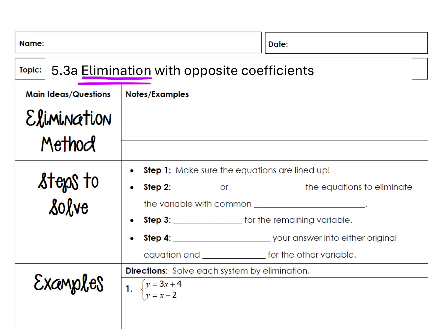And now today it's elimination. And elimination is solving systems of equations by adding or subtracting.